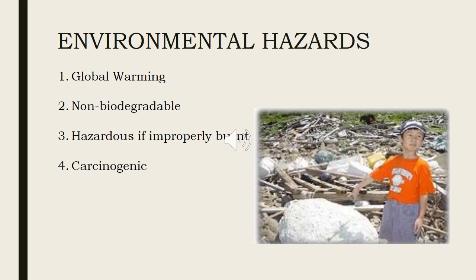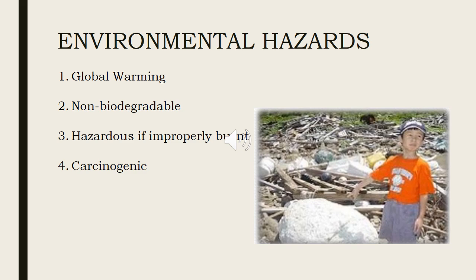Global warming. Extruded polystyrene is usually made with hydrofluorocarbons, which have a global warming potential of approximately 1000 to 1300 times that of carbon dioxide. Non-biodegradable. Discarded polystyrene does not biodegrade for hundreds of years and is resistant to photolysis.